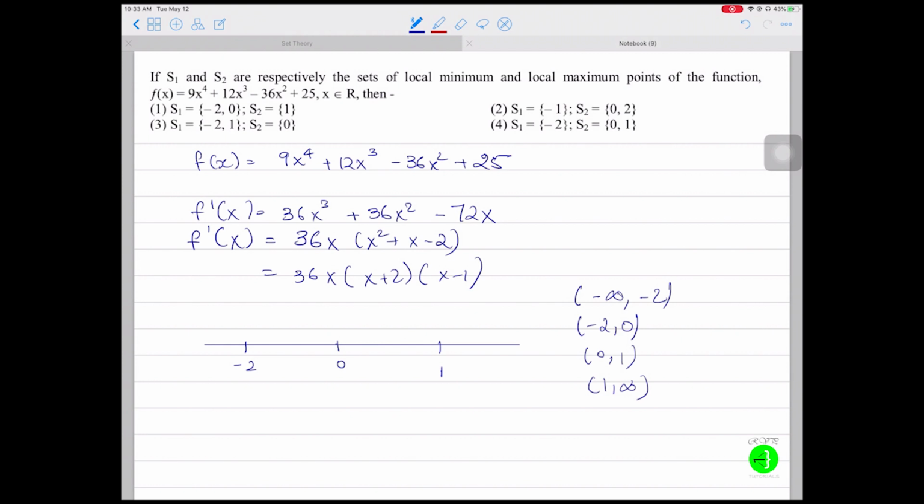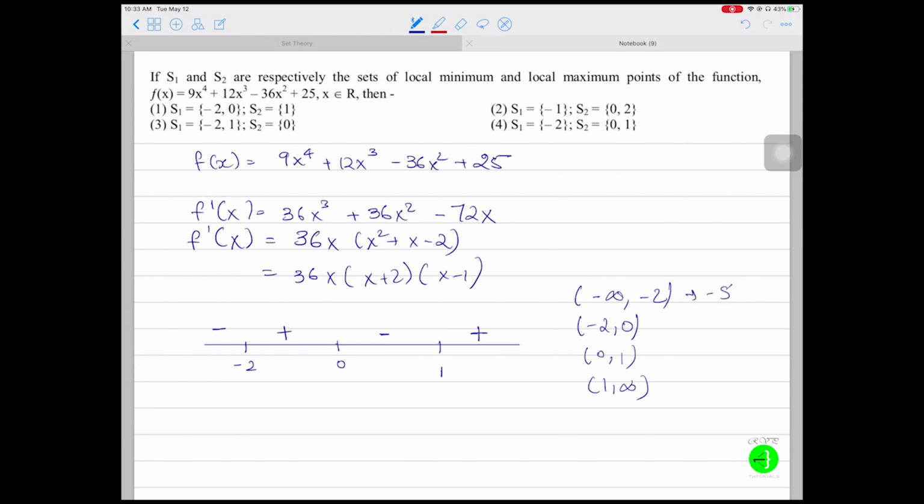For all values less than negative 2, the derivative would be negative. Between negative 2 and 0, it would be positive. Between 0 and 1, again, it will be negative. And for greater than 1, it will be positive.